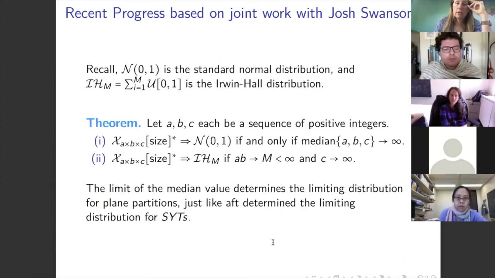And the convergence goes to an Irwin–Hall distribution if and only if you have convergence among A times B, and it's less than infinity, and the largest one of the three has to go off to infinity. Then you get the Irwin–Hall distribution. And it might be the case that all of your A, B, and C stabilize to a constant sequence, in which case you get just the discrete distribution again. But I wrote it like this because here we're thinking of what's happening to the median. So focus in on the median.